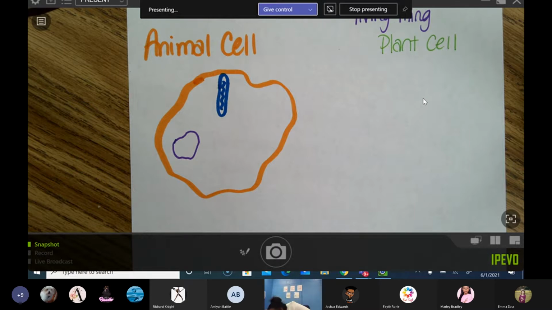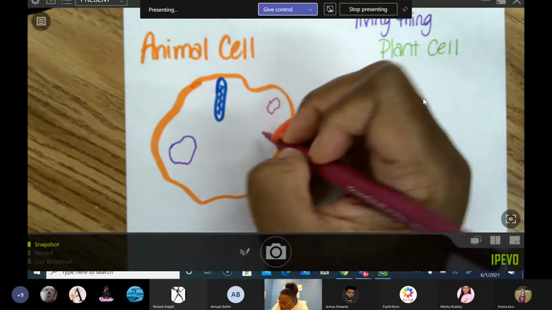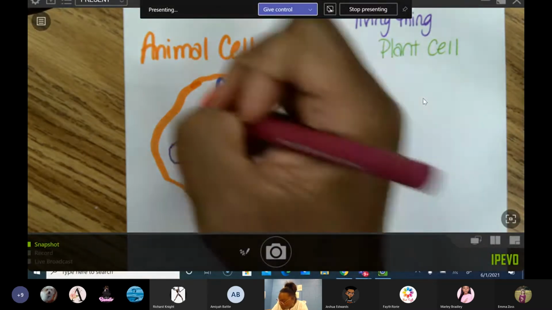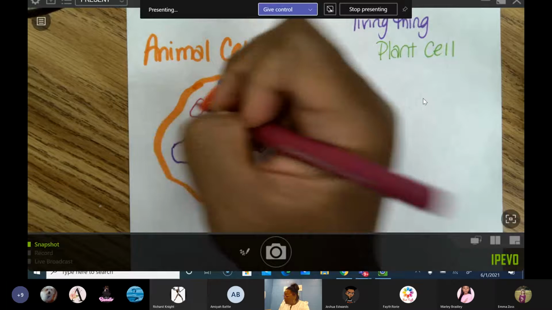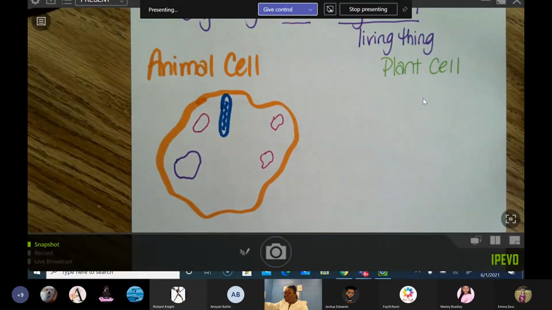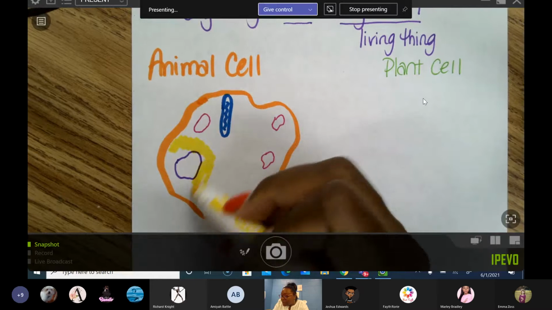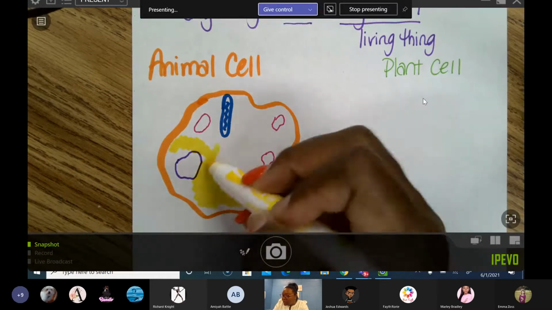What color should I use? There's tiny little vacuoles here throughout the cell. And inside that cell is filled with a jelly called cytoplasm. And so I'm going to color the inside of my cell completely yellow.